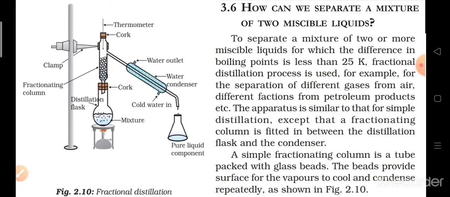What happens is that we heat the mixture to the boiling point of the liquid with the lower boiling point. Now, along with that liquid, some part of the other liquid present in the mixture also evaporates.